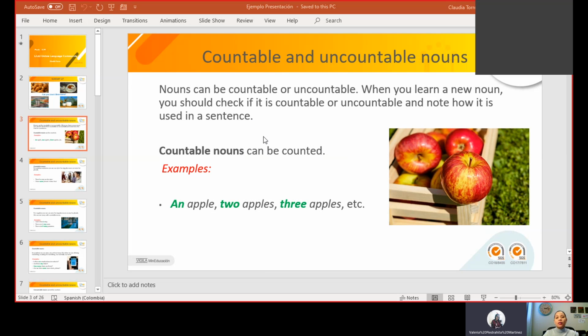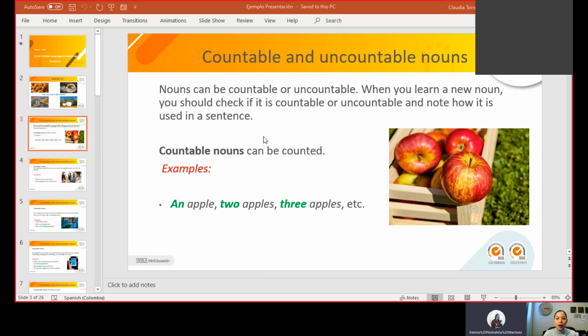Now, nouns can be countable and uncountable. So when you learn a new noun, you should check if it's countable or uncountable and note how it is used in a sentence. For example, with tea, you said a cup of tea.